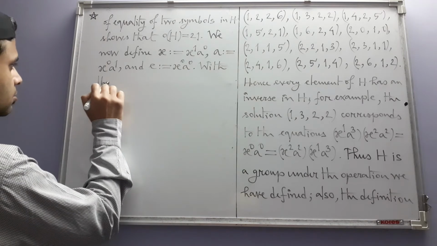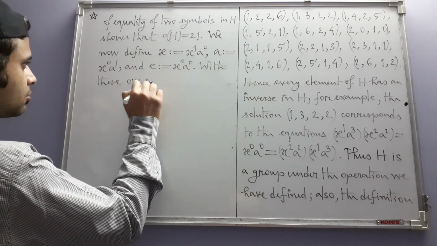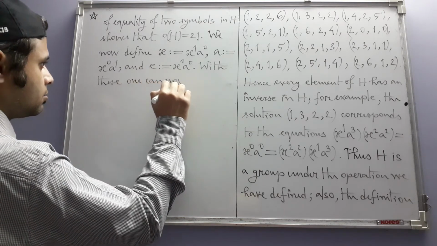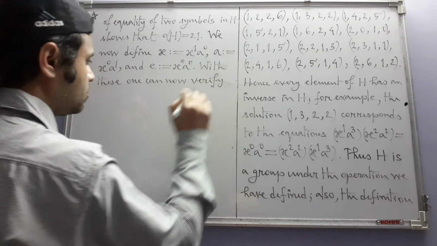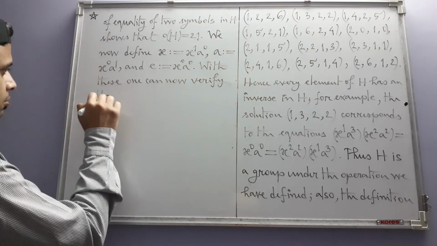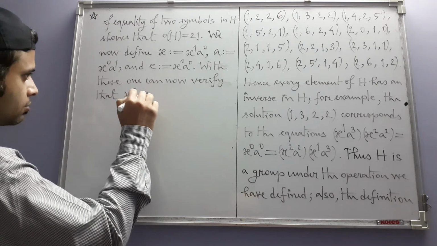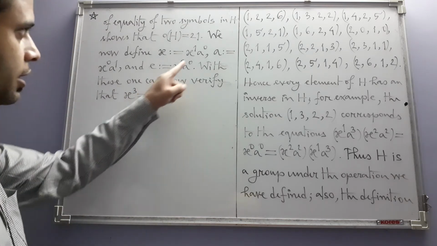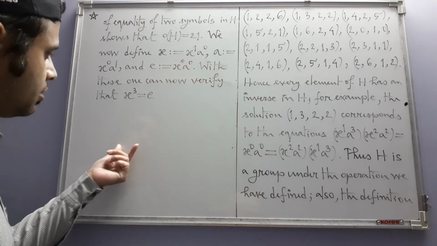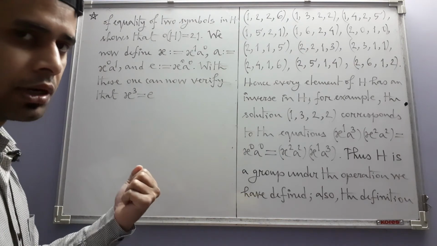With these, one can now verify that x cube is equal to E, because now we know what x is. X is this symbol. We can determine x cube in our group.